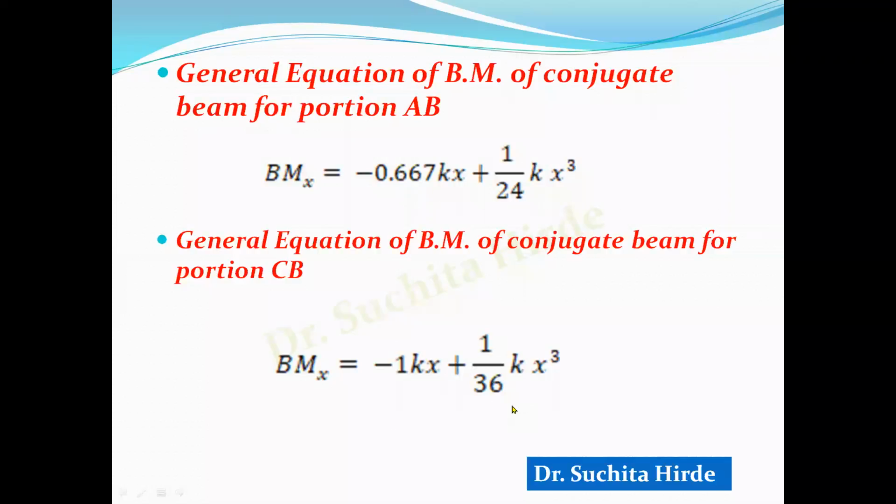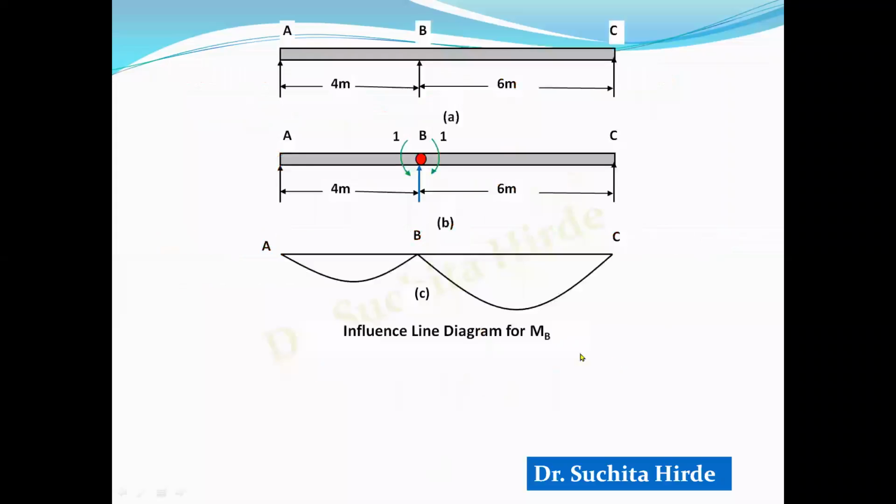So we will solve this in tabular form. Let us write the table and calculate the value of bending moment at the respective section. Once you calculate the value of bending moment at each section, you are going to get these ordinates at 1 meter interval due to this unit movement. So let us first calculate the ordinate due to unit movement, and after that you have to make rotation equal to 1.